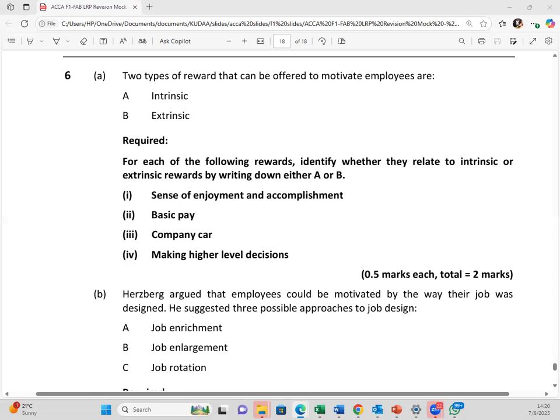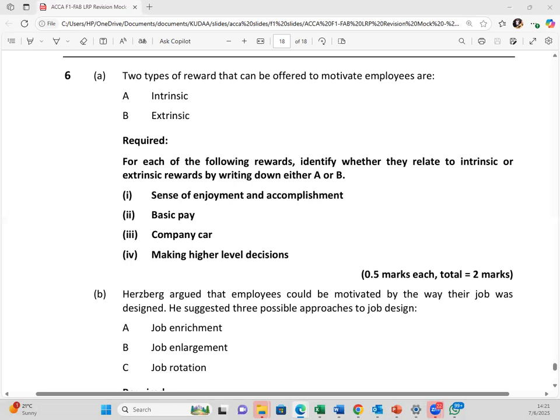So you're motivated to even write your F3 exam because you feel like you are now able even to tackle some of the questions that are higher than your level. So that motivation you get, that is the intrinsic motivation. But if the motivation has to be derived from being given something by someone, that is an extrinsic reward. So something that you have to be handed over by someone, that is an extrinsic reward.